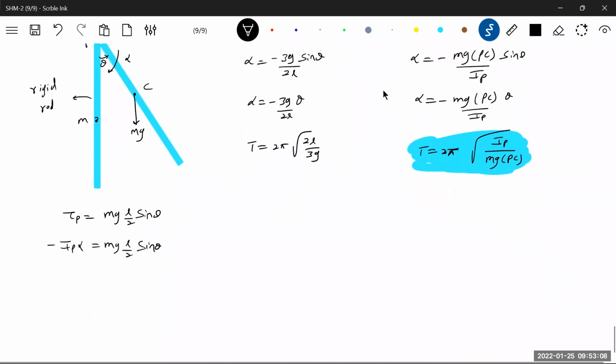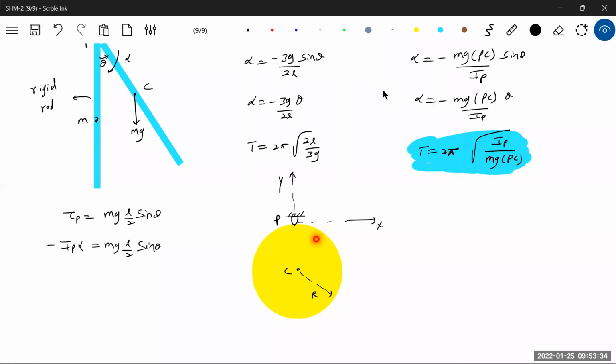Okay, the best thing is we'll start with the ring, or some disc. It is suspended about this point. This is the point of suspension. This is X, this is Y. So I'll display this in the XY plane.